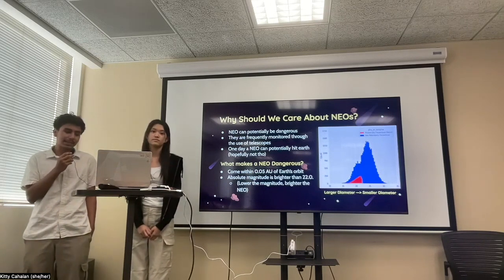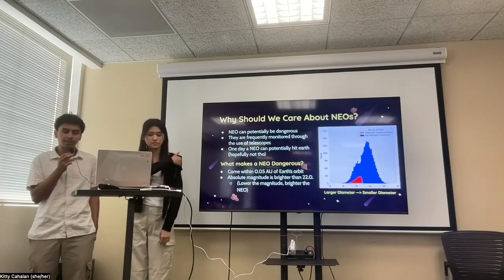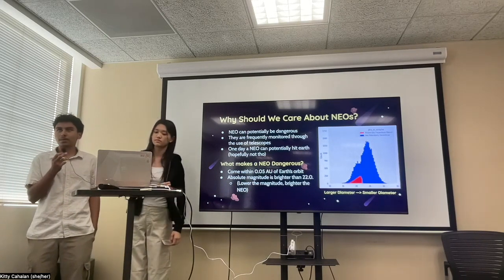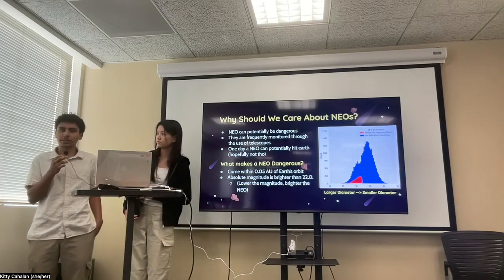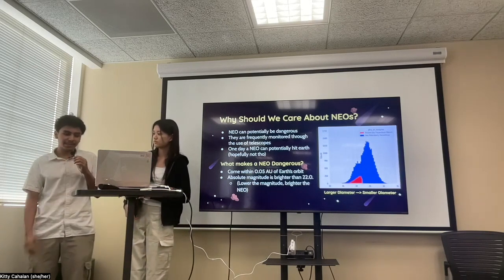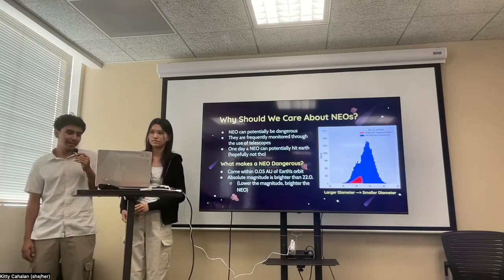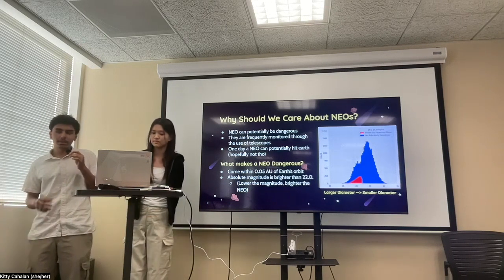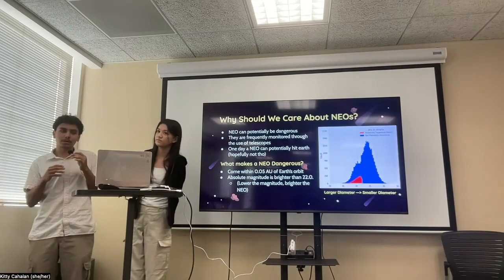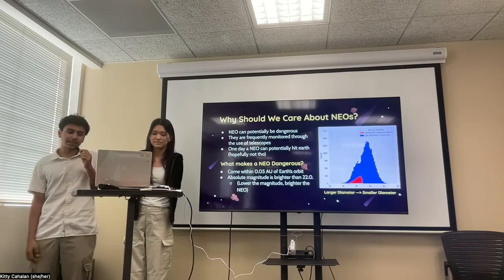And what exactly makes them hazardous is if they come within 0.05 astronomical units of Earth's orbit, which is roughly 4.6 million miles, which in our understanding of distance is a lot, but in terms of space is not really a whole lot. As well, if its absolute magnitude is greater than 22. The lower the magnitude, the brighter the near-Earth object is, and the lower the magnitude, the larger its diameter.